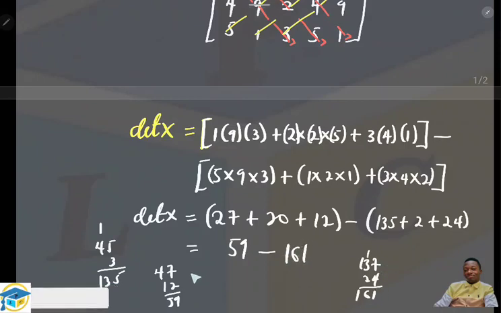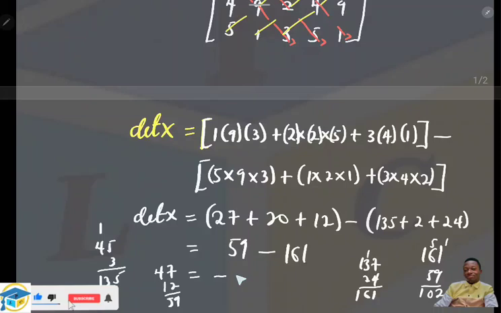So 161 taken from 59, what are we getting? 161 minus 59, so here we are getting 102. So meaning that our determinant X is going to give us negative 102.